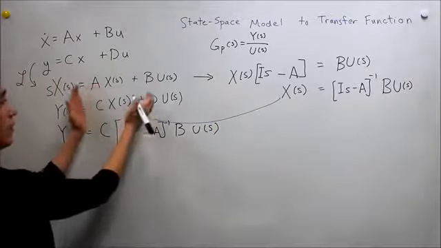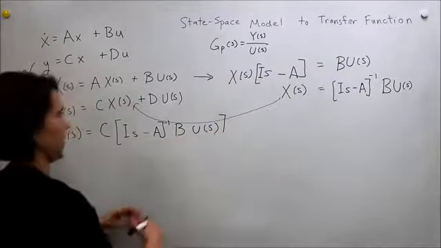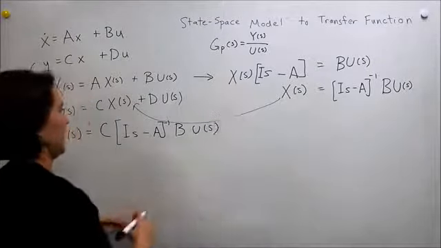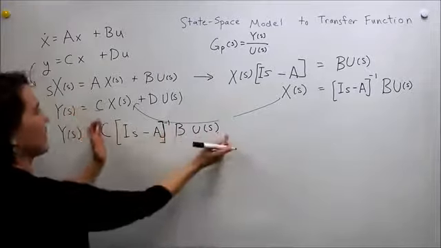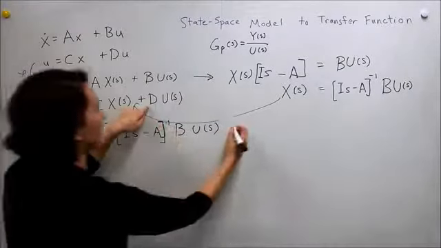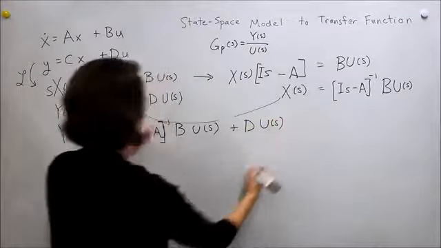That was this whole quantity. This is the bracket here. And then this, we've substituted x in here. Now we need to add DU(s).